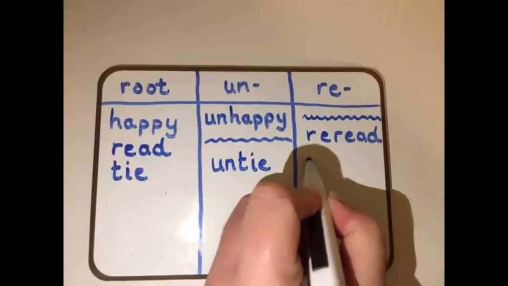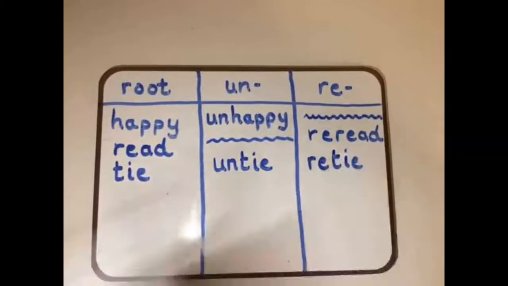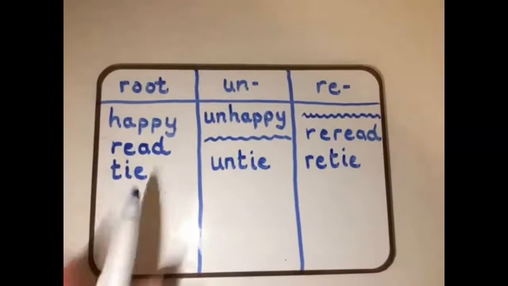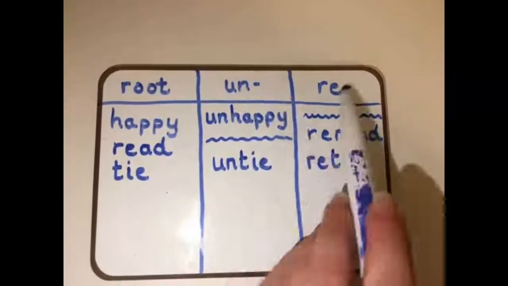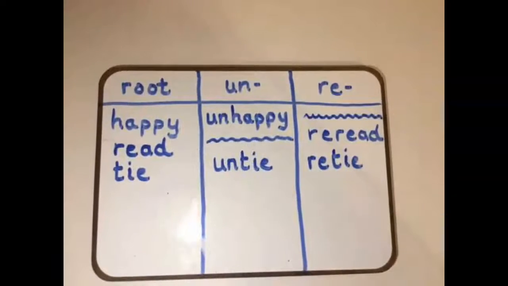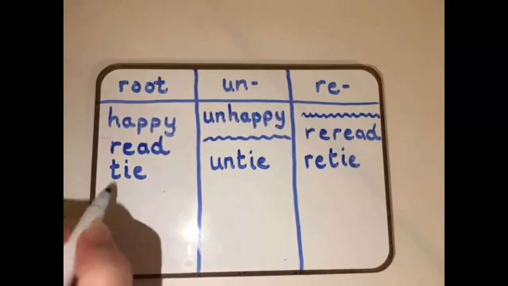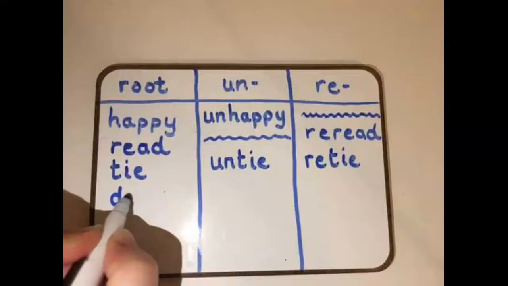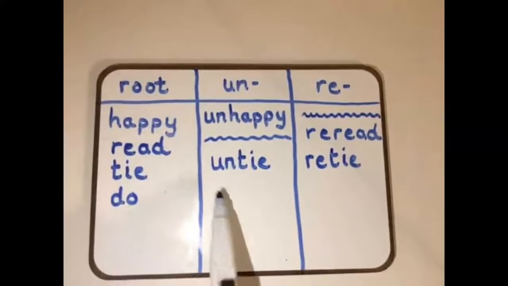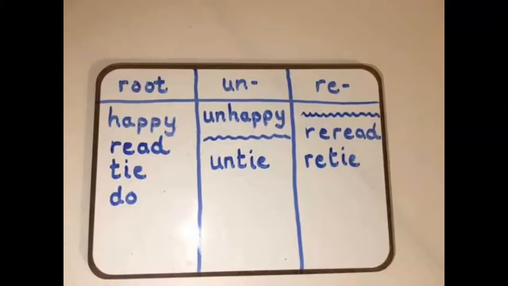If my shoelace comes untied, I would need to re-tie my shoes. So for this root word, both of these prefixes are making real words. Do you see that? Okay, let's try the word do. And same thing, decide. Can you make words with un and re? Pause the video and write them down.